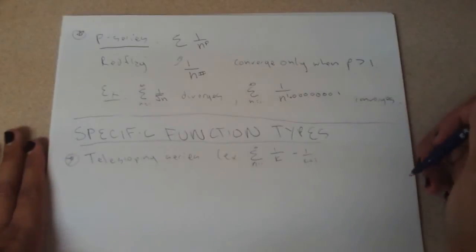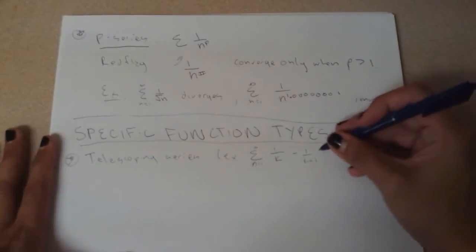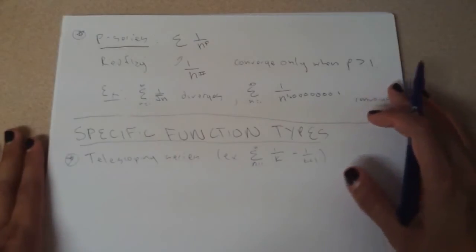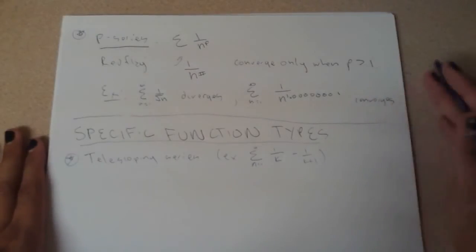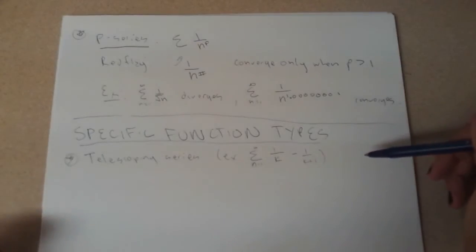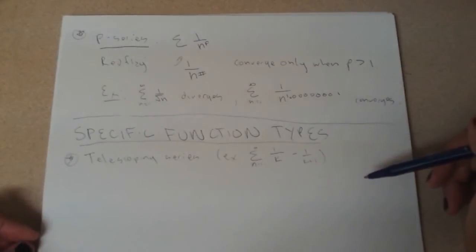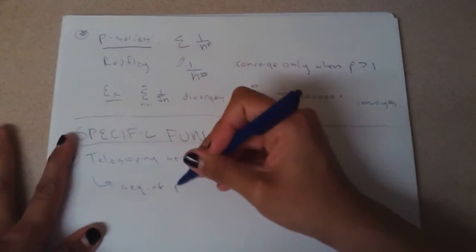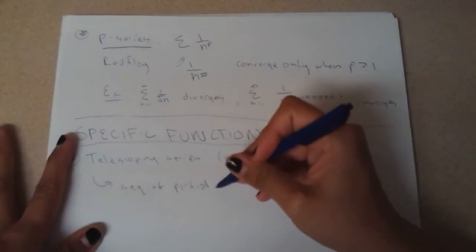I think this was an example that we did in class. Remember, we called these telescoping because we did sequences of partial sums to work these out. So if you see something specifically of this form, especially if you were asked to tell me what it converges to, cases like this, you probably wanted to do sequences of partial sums.